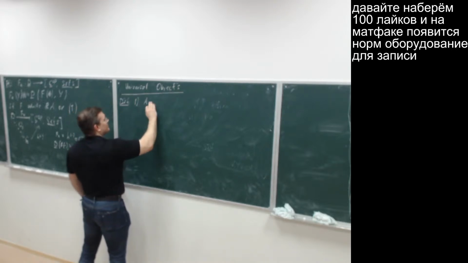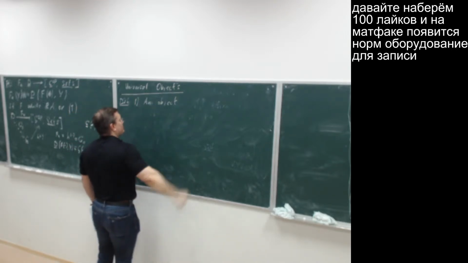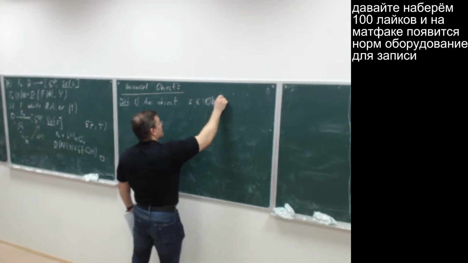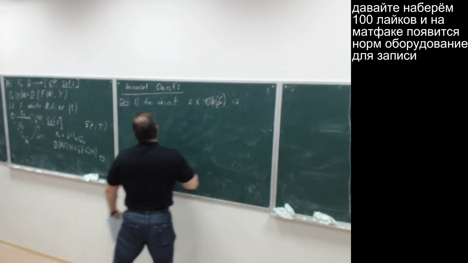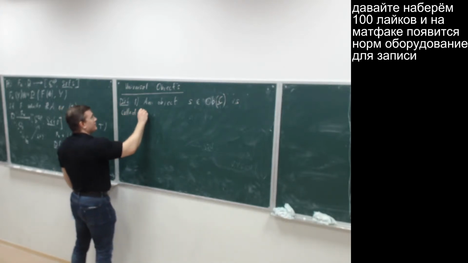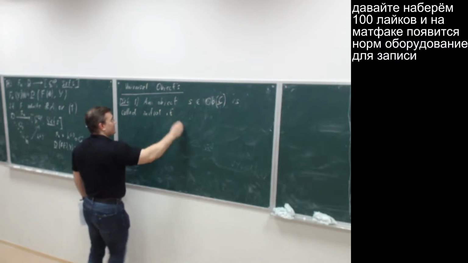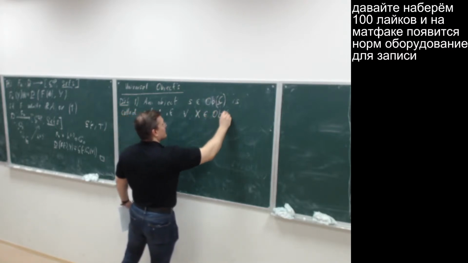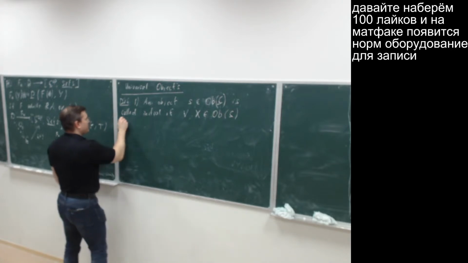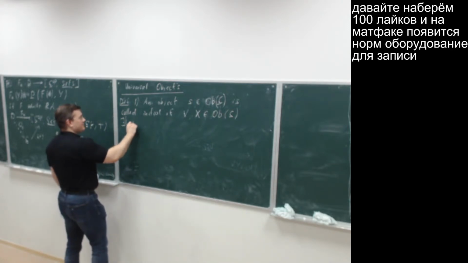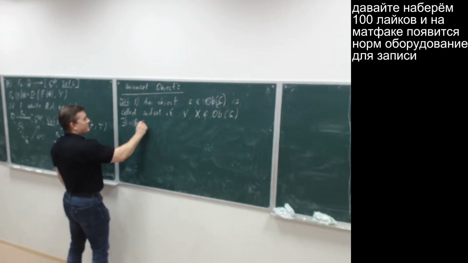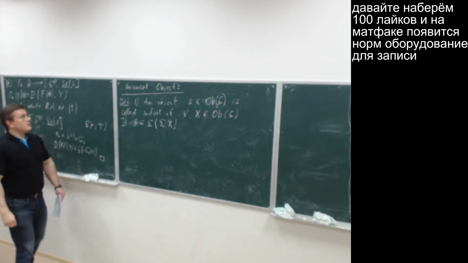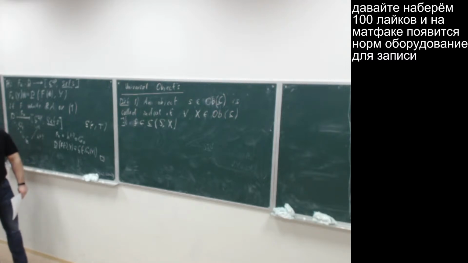An object S in some category C is called initial if for any other object X in this category there is a unique map F from S to X. So from the initial object, there is only one map to any other object.